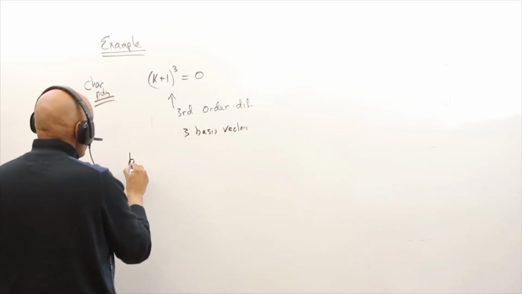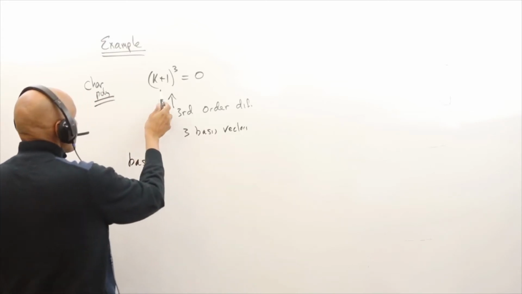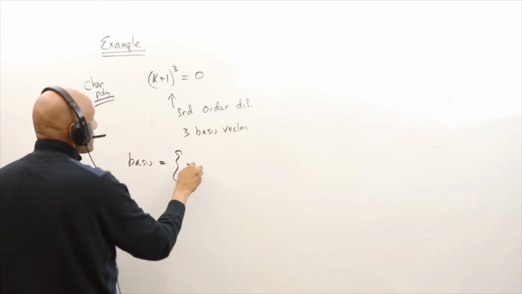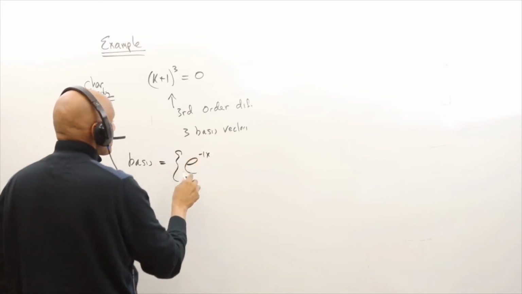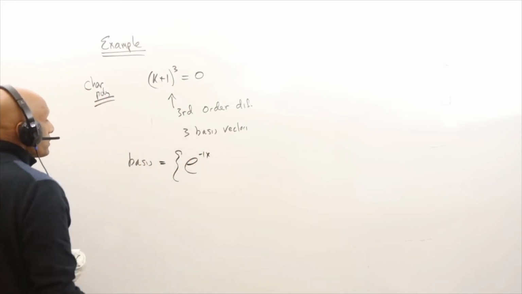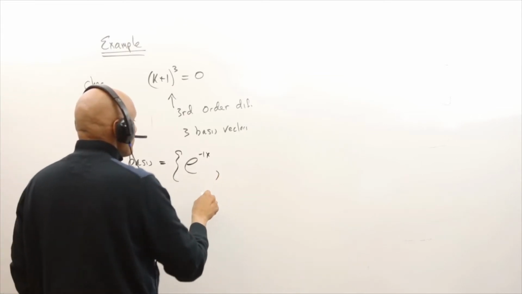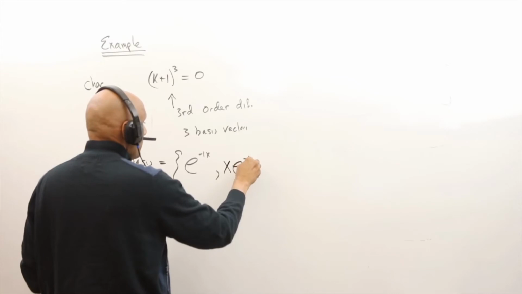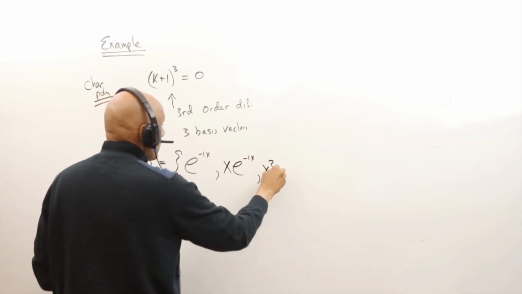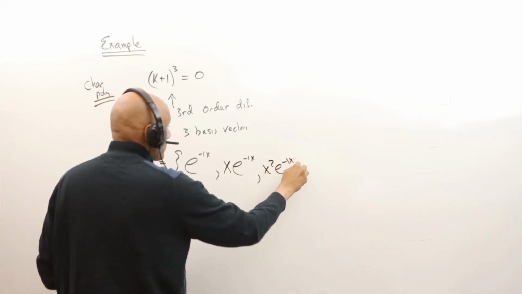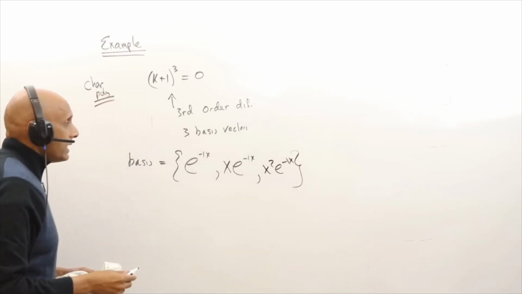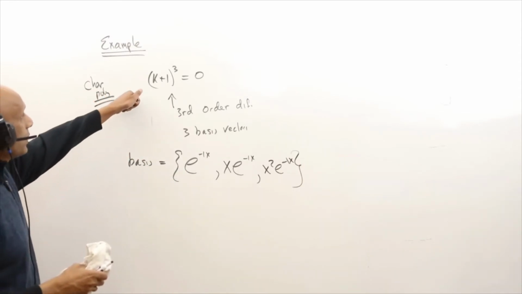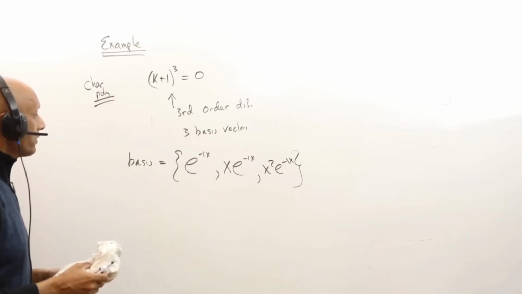We only have one root. That means the first basis vector is e to the minus 1x, corresponding to k equals minus 1. But for the next basis vectors, you start pumping in x's. So this is x e to the minus 1x and x squared e to the minus 1x. So these are the 3 basis vectors for a third order differential equation with characteristic equation k plus 1 cubed equals 0.